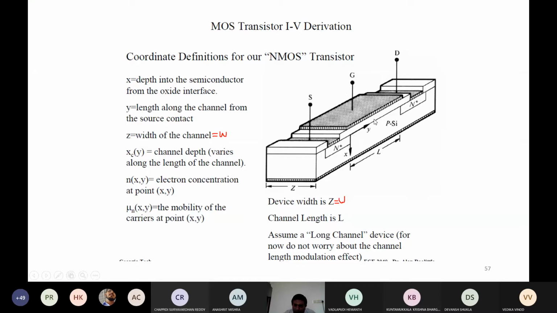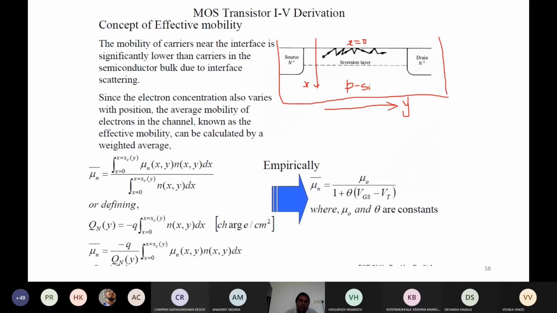Even throughout the channel we are not considering mobility constant, but we can take some average. So mu1(x,y) is also a function of the space coordinates x and y, and based on that idea we have derived the value of the average mobility mu1 bar.